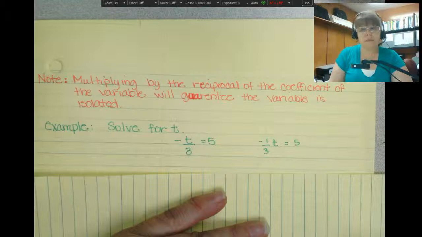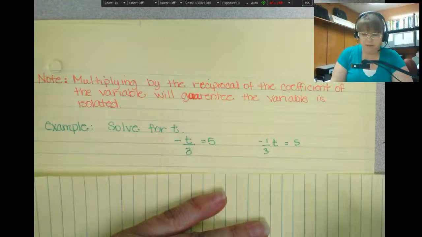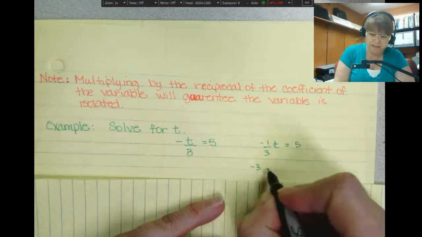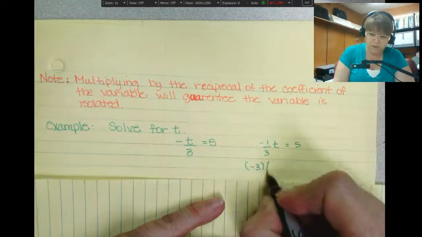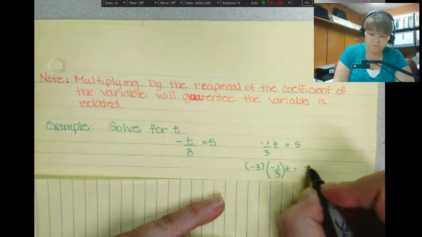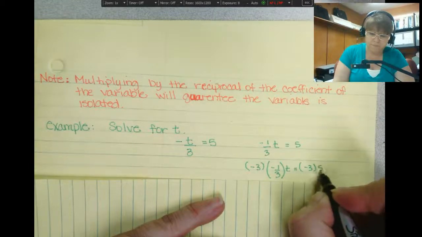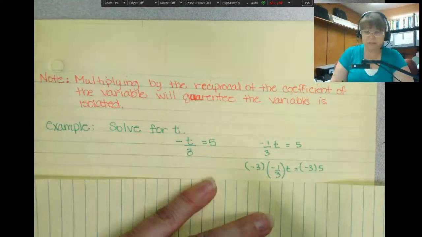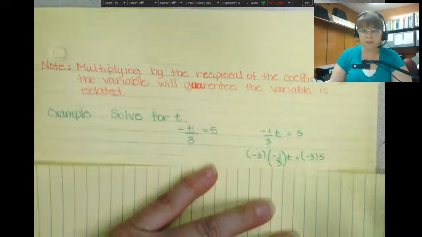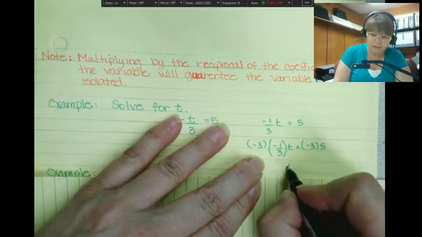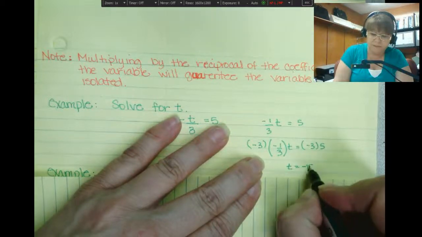My reciprocal of negative 1/3 is negative 3, so I'm going to multiply both sides by negative 3. The whole point of doing the reciprocal of negative 1/3 was to get it down to a single t equals negative 15.